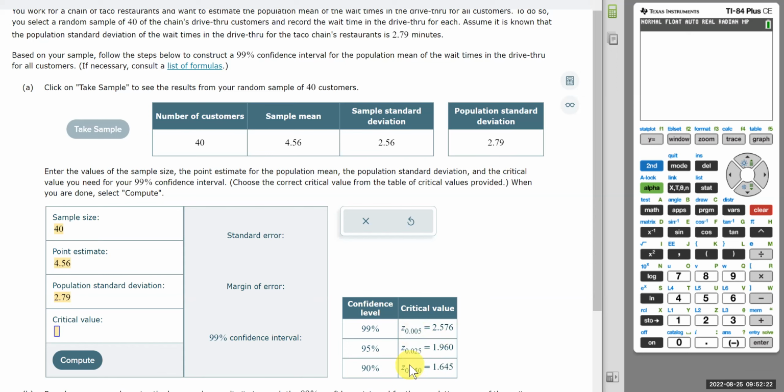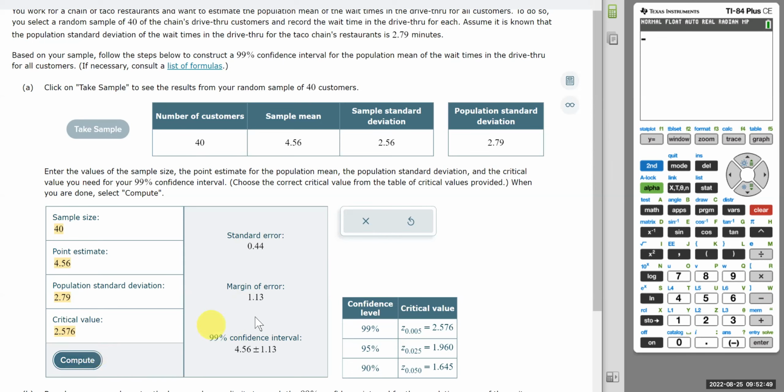All right, so 99% confident, that critical value is 2.576. All right. And then rather than us having to go through computations to find this information, the computer is going to go ahead and do that for us.